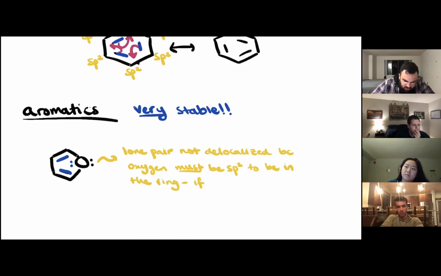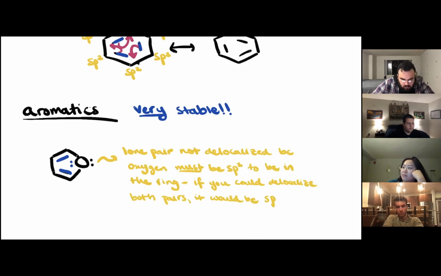Meaning if you delocalized both pairs, it would be sp. So delocalizing that would not be ideal for us, and it would also create a very wacky resonance structure. So that's why furan is going to be aromatic.